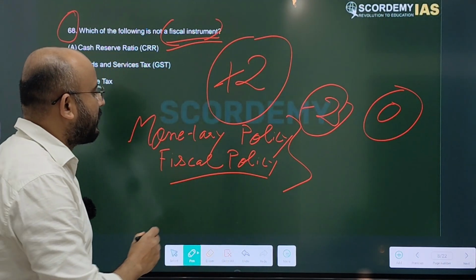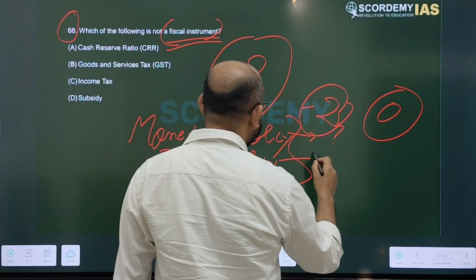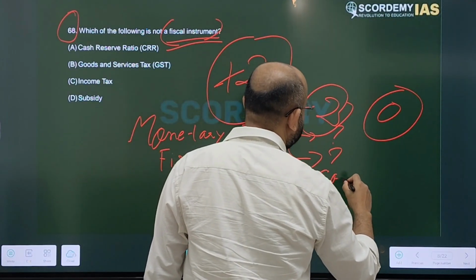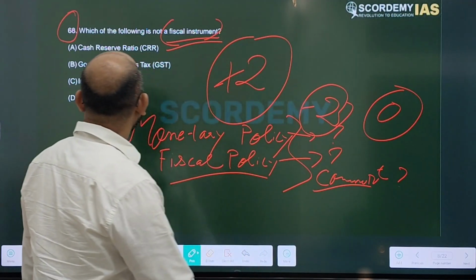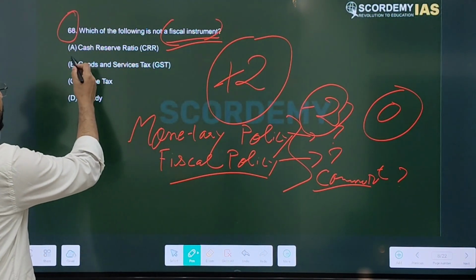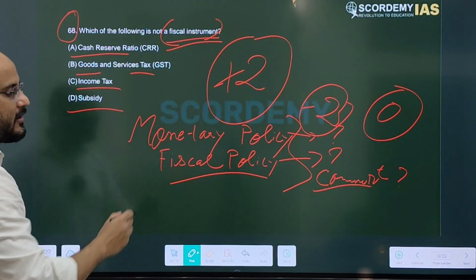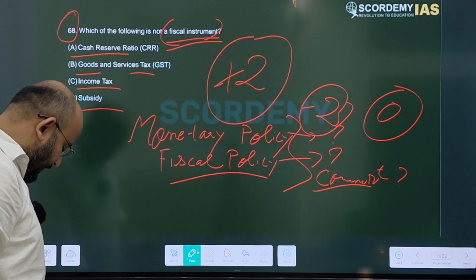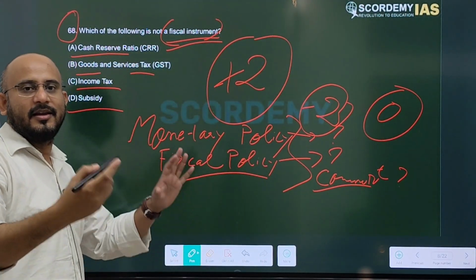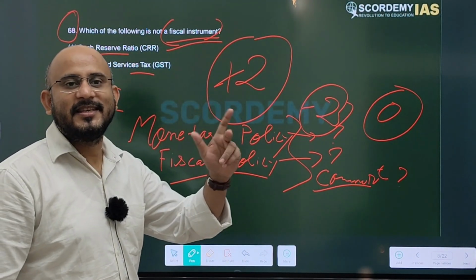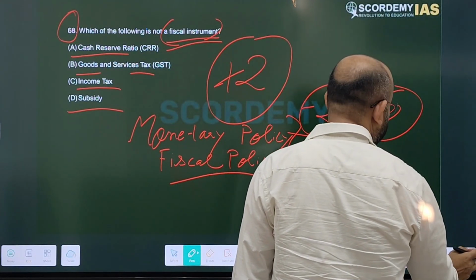Okay, so monetary policy kone diye, who gives the monetary policy and who gives the fiscal policy, in the comment section please kobason hokolbe. So let's see options: cash reserve ratio, goods and services tax, income tax, subsidy. So what is the correct answer? Comment section kobason. Immediately dekha por loge loge you need to score +2 easily in your pocket. Okay, so answer is cash reserve ratio.